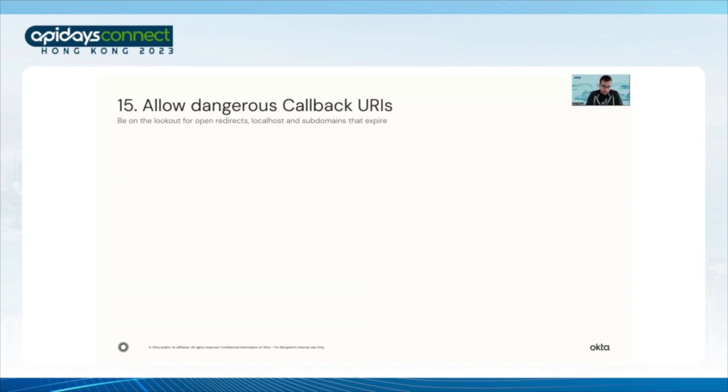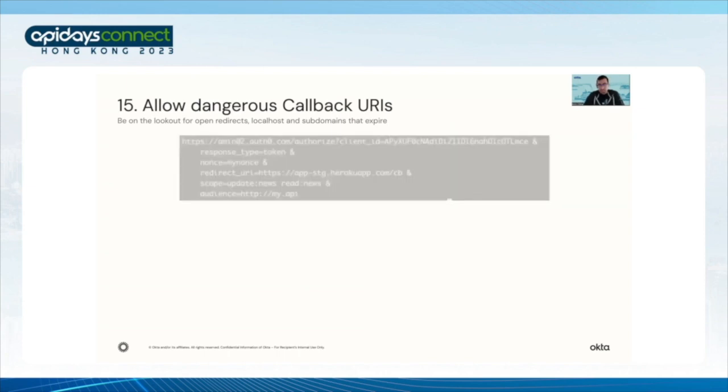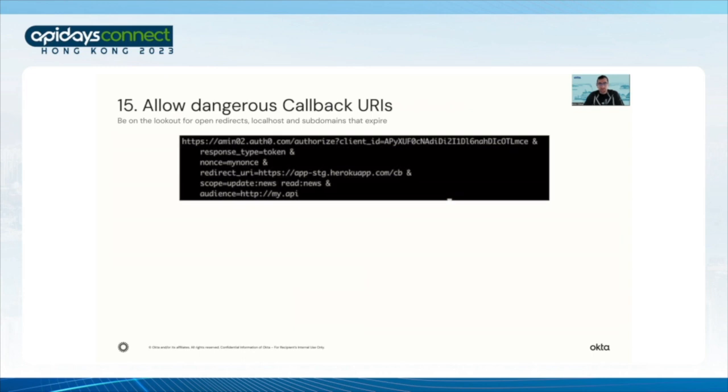This one is more on the security side, number 15: be on the lookout for dangerous callback URLs that you allow. This could be subdomains, especially ones that are not within your control. Let's say a developer on the team has set up a Heroku app or similar that they've used for testing, and this may end up in production.